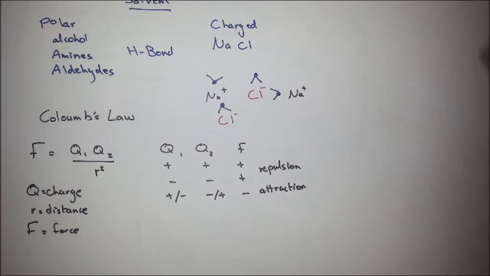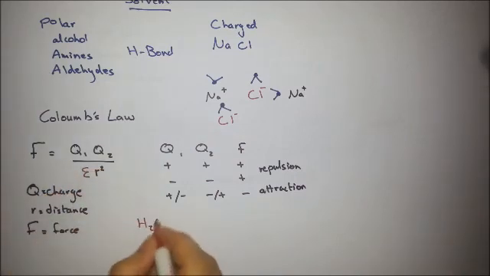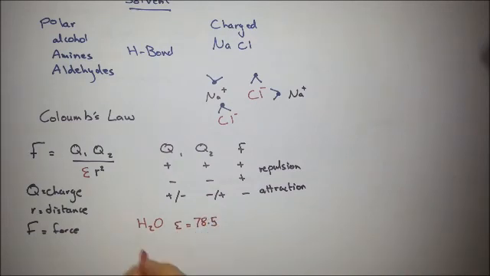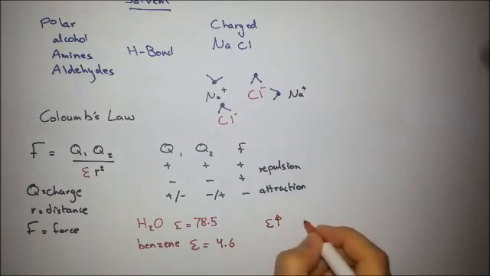In order to see the effect of a solvent on the force between the particles of a solute, we'll have to introduce one of its properties in this equation, which is the dielectric constant. Water, for example, has a dielectric constant that equals 78.5, while another solvent like benzene has a dielectric constant that equals 4.6 only. If a solvent has a large dielectric constant, the force between the particles of the solute will be small, and vice versa.